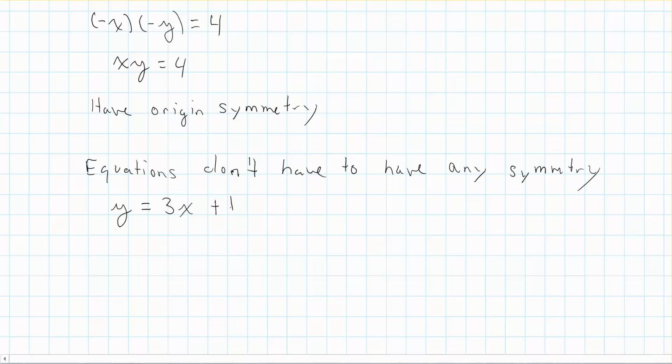There's two ways you could do that. You could actually sketch the graph of this and see that there's none of the symmetries present, but you can also go through the tests. I'm not going to go through the tests. I'm going to leave that as an exercise for you, but if you go through all the tests here, you should get no symmetry. You won't have x-axis, you won't have y-axis, and you won't have origin symmetry.